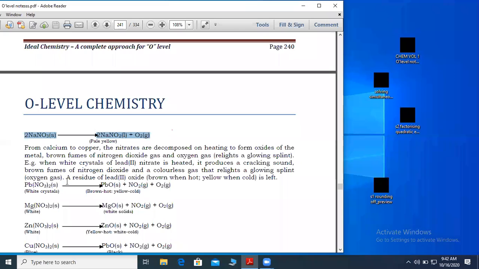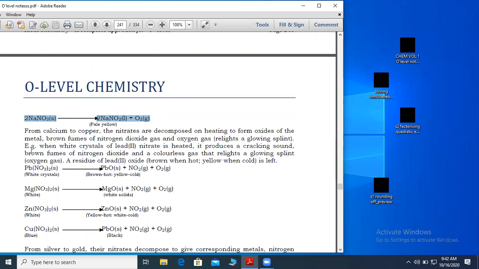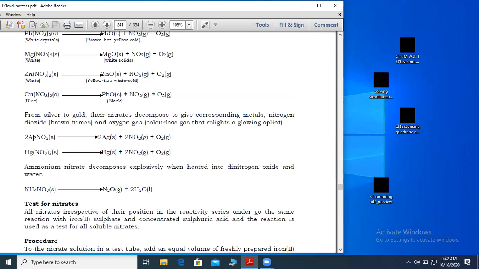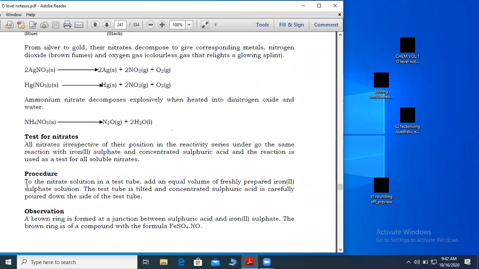Then the other divalent nitrates, those metals with a valence of 2, their nitrates form the corresponding oxides, nitrogen dioxide and oxygen. Then silver nitrate forms silver metal, nitrogen dioxide plus oxygen. Now, test for nitrate, we shall not look at this one in O level.